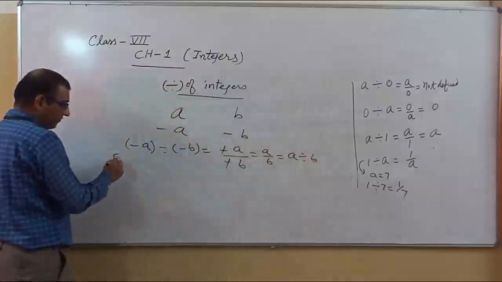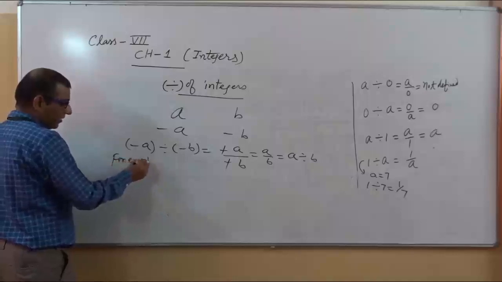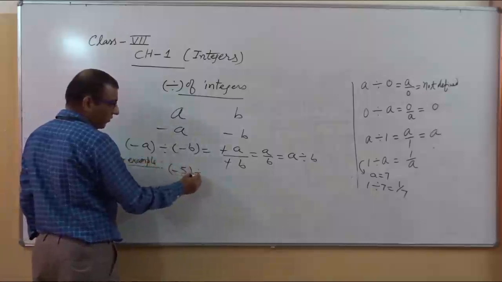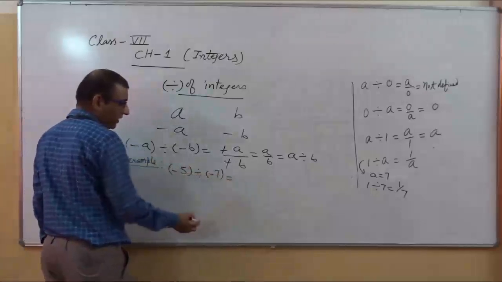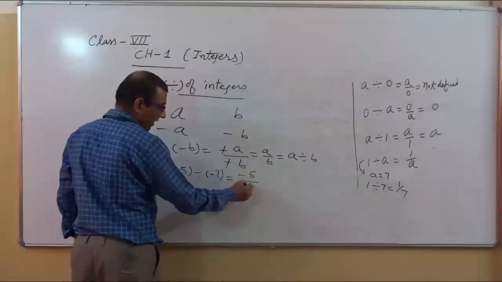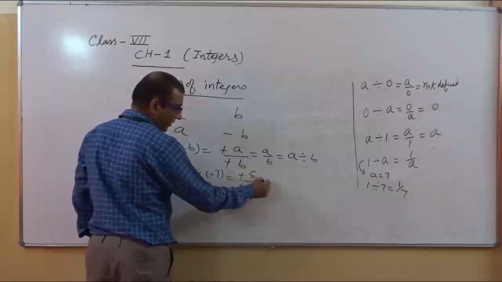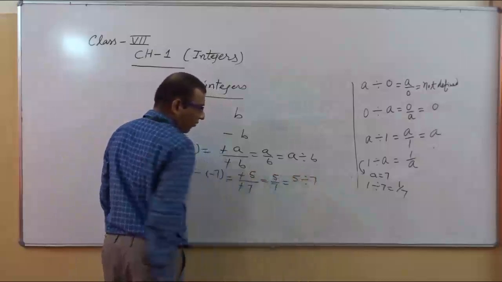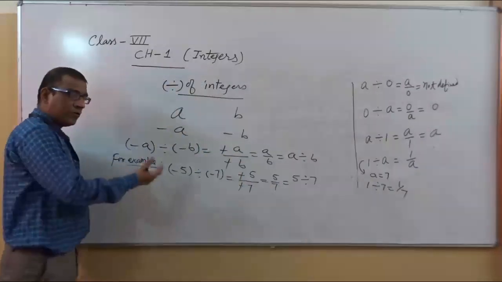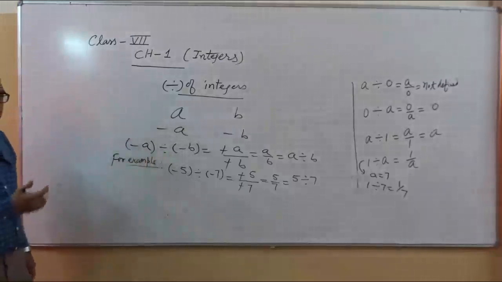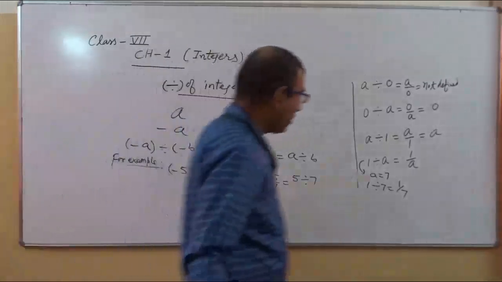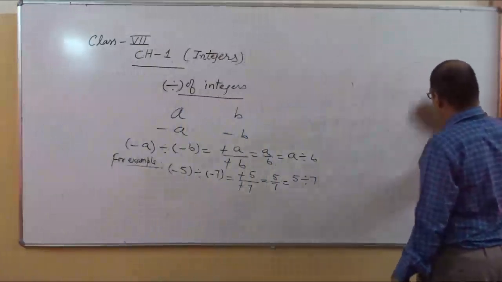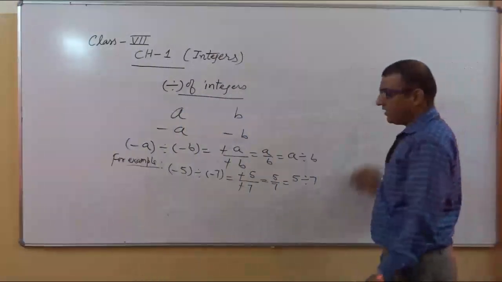For example, if you want to divide minus 5 by minus 7, it can be written as minus 5 upon minus 7, both the symbols cancel with each other, and it becomes 5 upon 7. Now if you want to divide 5 by 7, go with the decimal concept and you will divide it easily. So with the help of division, we will solve any type of question based on integers.